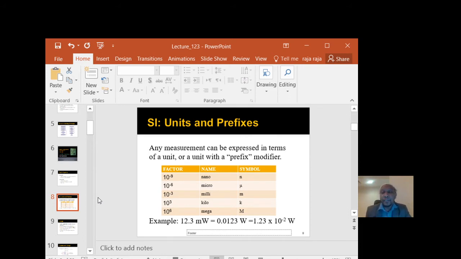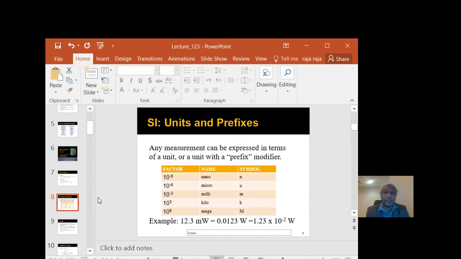And for example, what are the unit prefixes? For the unit prefixes, you can see the factor 10 power minus 9. The name of the factor is nano. Nowadays people say nano SIM in our mobile phones.